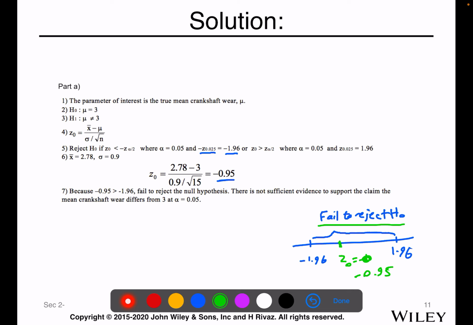So that means that there's no strong evidence against mu being 3. So that's the first way. Are there any questions about the first approach?